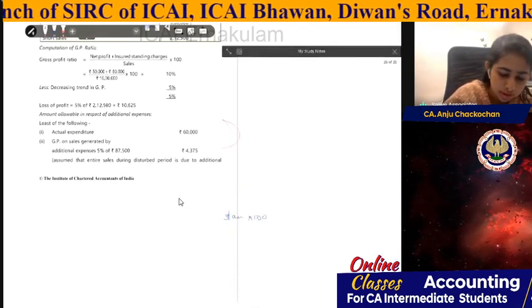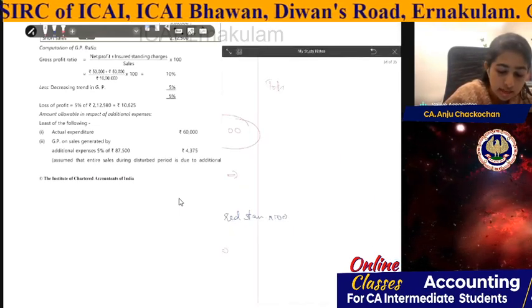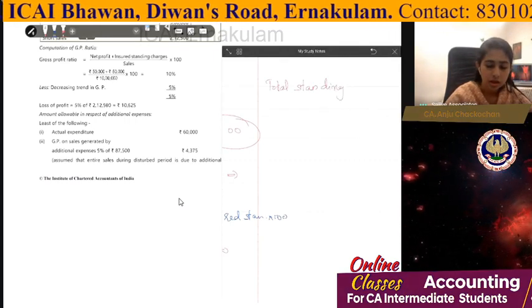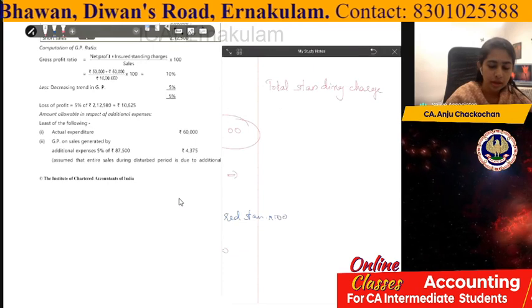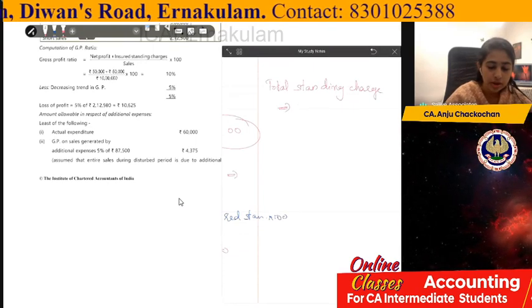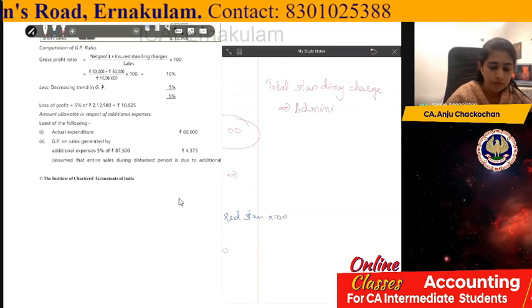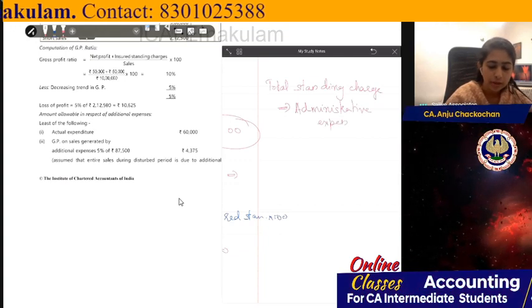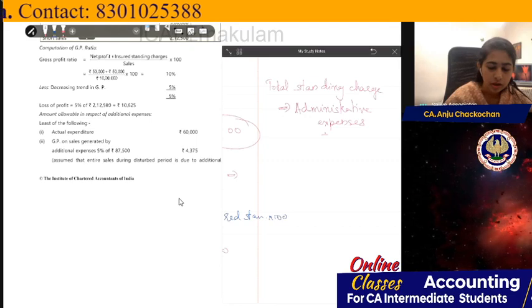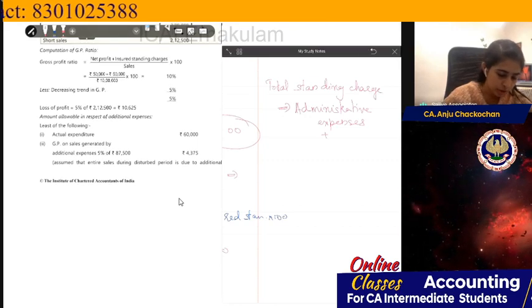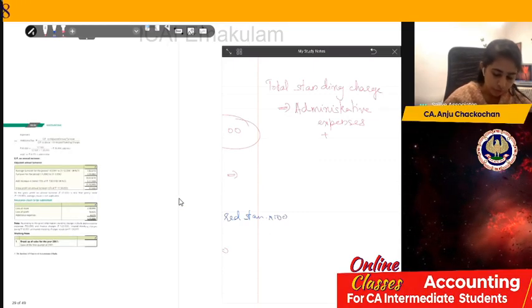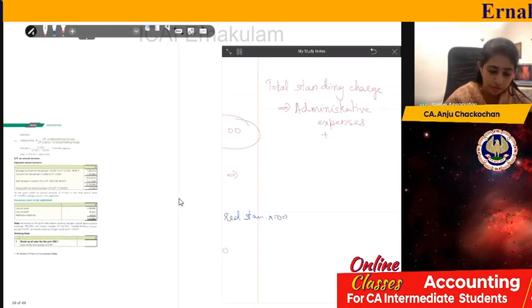Your total standing charge is nothing but administrative expenses plus we had one more, finance charge.